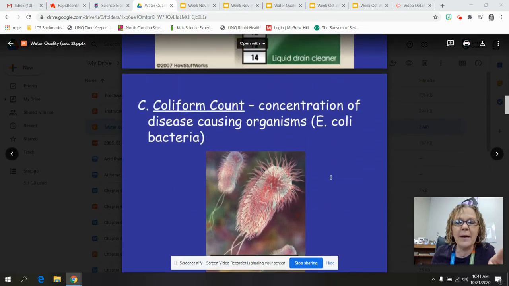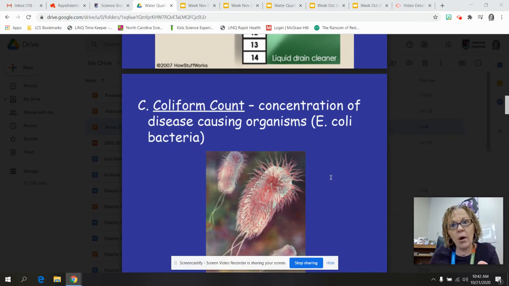Okay. Oh, before I go to that, the coliform count in a reservoir, and this is true for your well water too, the filtration system.